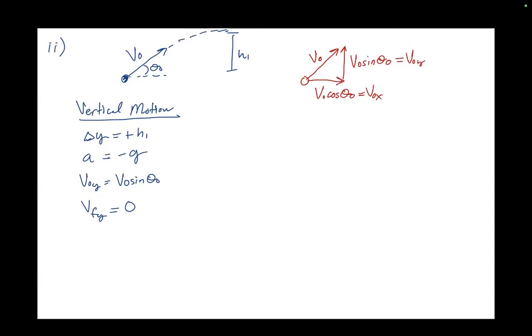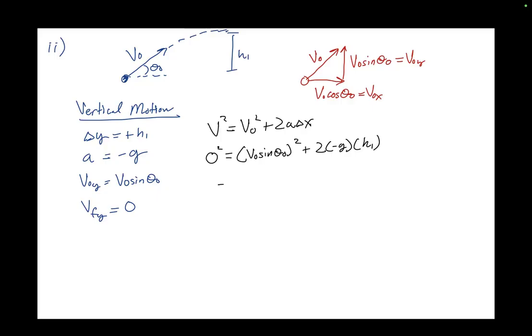To do this derivation, we start with the third equation on the reference sheet, v squared equals v naught squared plus 2a delta x. Our final velocity is 0, our initial velocity is v naught times the sine of theta naught, and then 2 times negative g times positive h1. That should be everything we need to solve this.